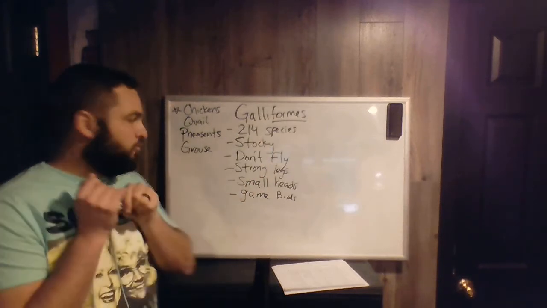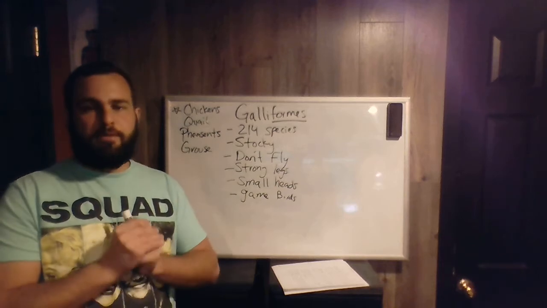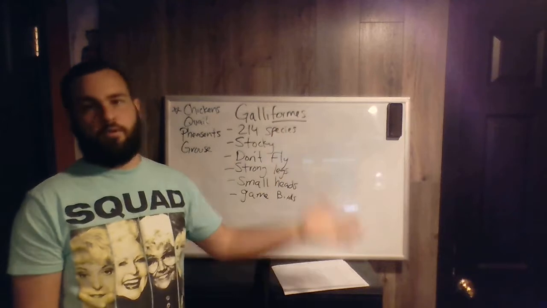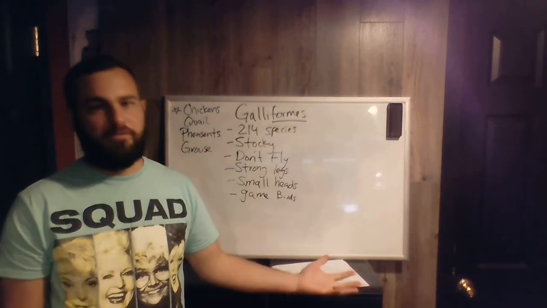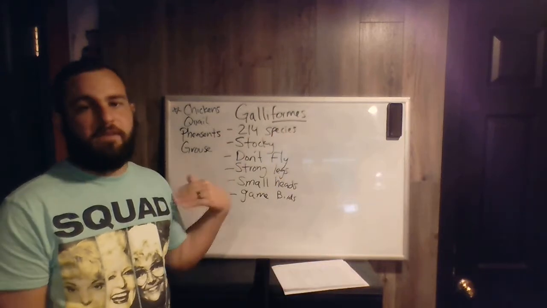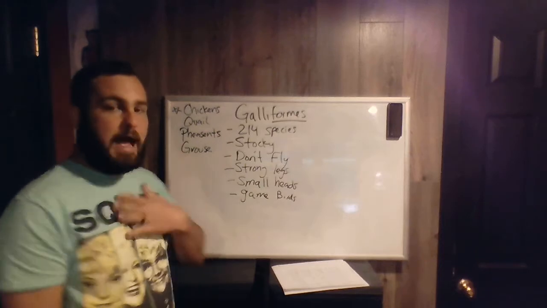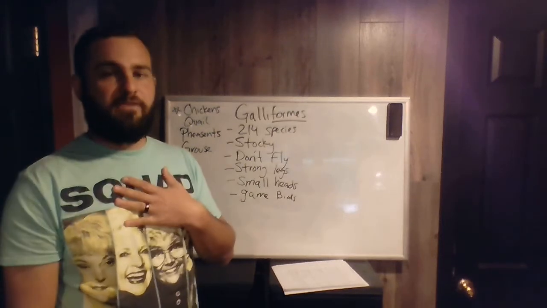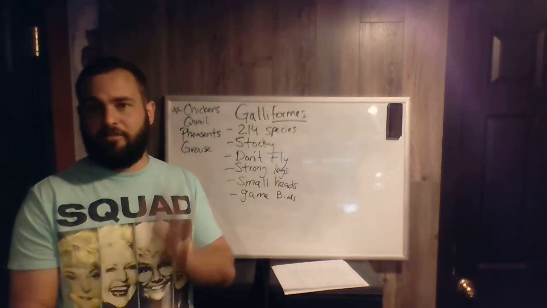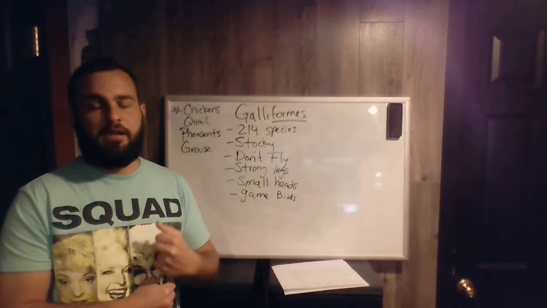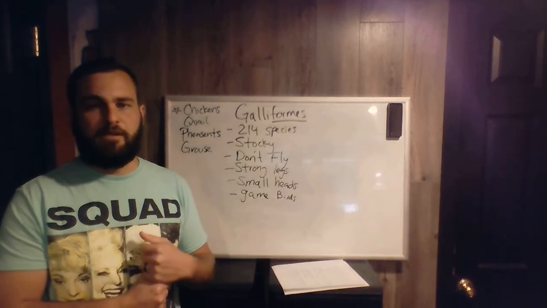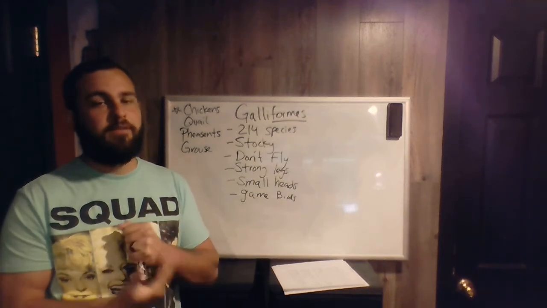One thing that I want to try and do with you guys is help you remember these names because they are kind of hard names to remember. Galliformes. How are you going to remember that Galliformes are chickens, quails, pheasants, and grouse? And how I do it, now you don't have to use my method. This is how I do it. So I raise chickens. A lot of you know that because we try and bring chicken eggs to school every year to hatch them, which is kind of exciting and fun.